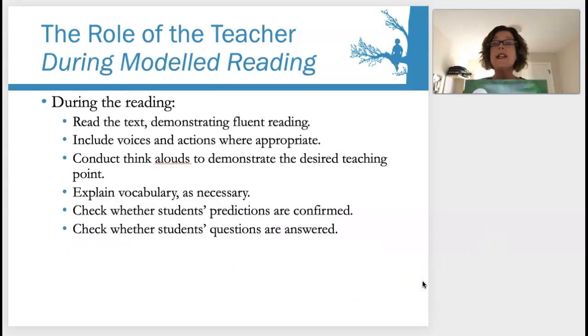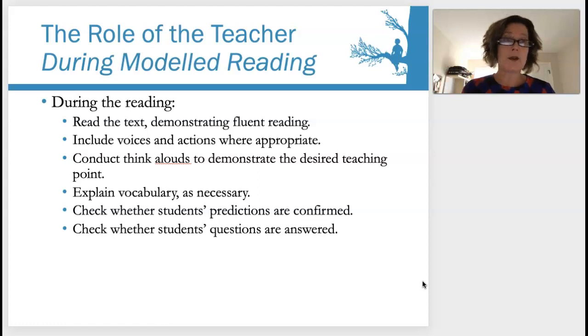Okay, so during modeled reading, and this is back to 371, you read the text demonstrating fluent reading. So you are going to read it like you did for the 371 assignment. You're going to include voices and actions where appropriate. You're going to conduct think alouds to demonstrate the desired teaching points. You might want to stop and say, whoa, this is really interesting.